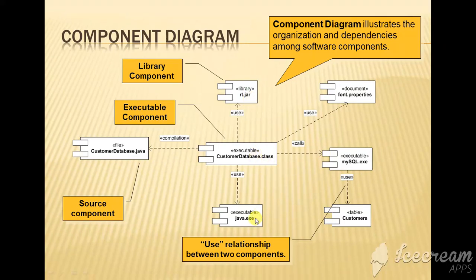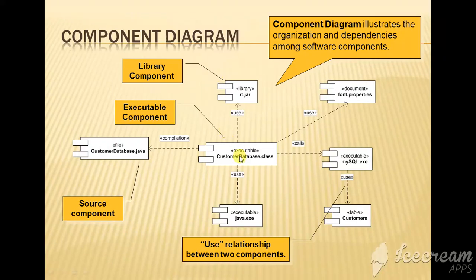The executable .exe file is also there. The MySQL exe files and the customers table are also among the components available in our system. So all these components are connected with each other. You can see there are dependencies between the components. The customer database has to be compiled with the class, and then the library has to be compiled with the customer database classes also.